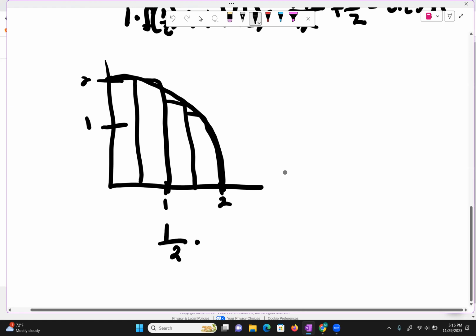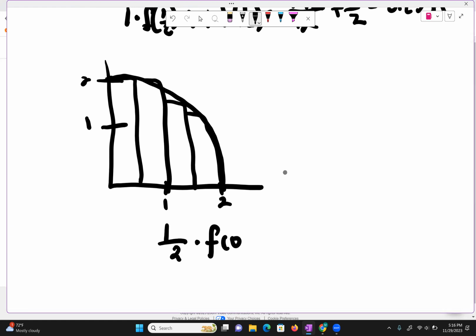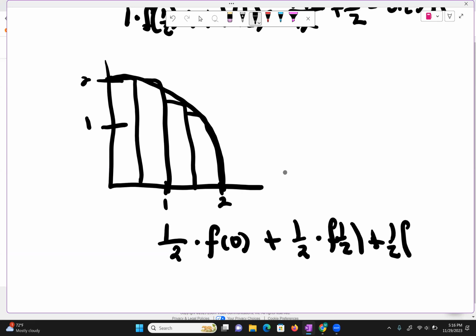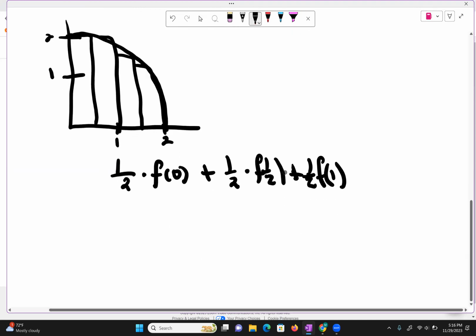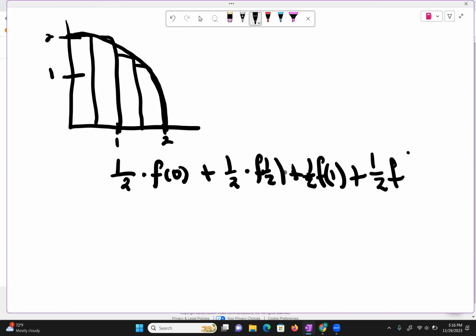1/2 times from the left end, this would be f of 0, plus 1/2 times f of 1/2, plus 1/2 times f of 1, plus 1/2 of f of 1.5.